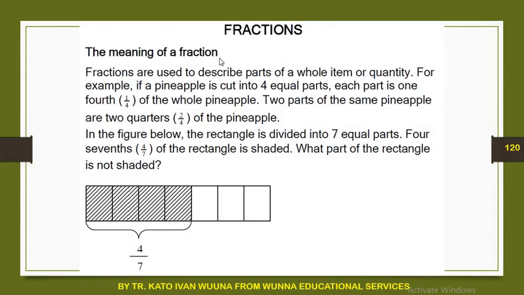So that part that is shaded is 4/7, and the other 3 that are unshaded are the remaining part of the 7 equal parts of the rectangle.